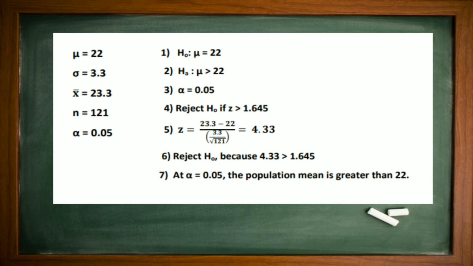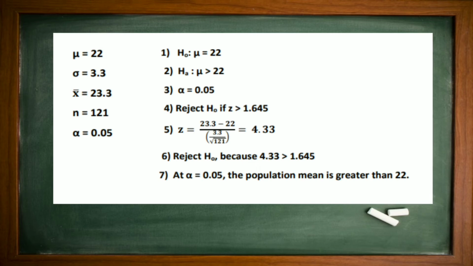So using mathematical operation po, compute lang po natin. 23.3 minus 22 is equal to 1.3, and then 3.3 divided by the square root of 121 is equal to 0.3.